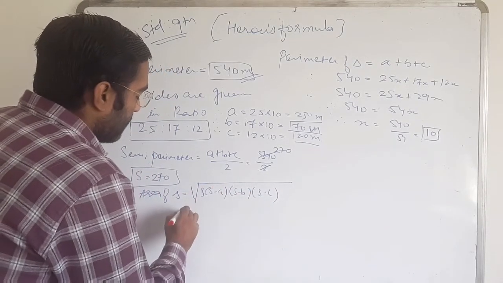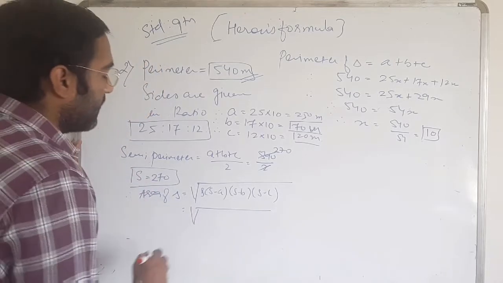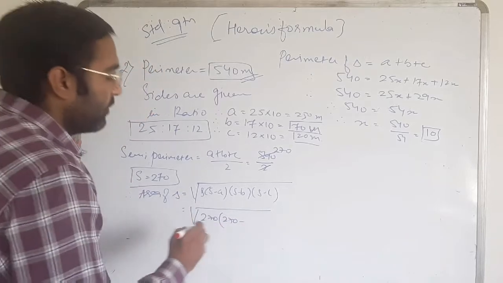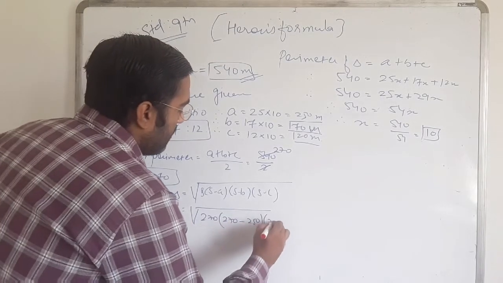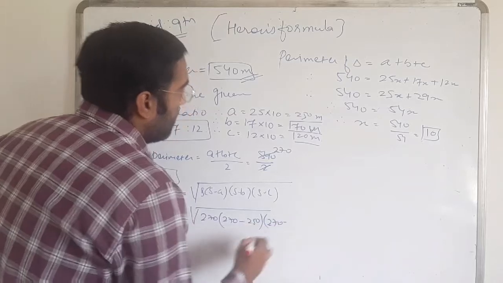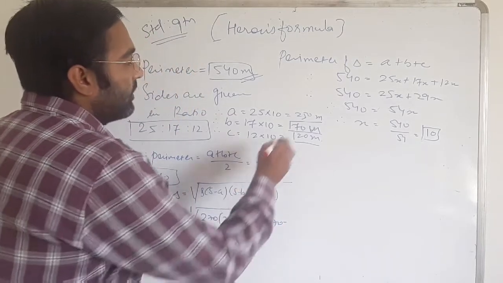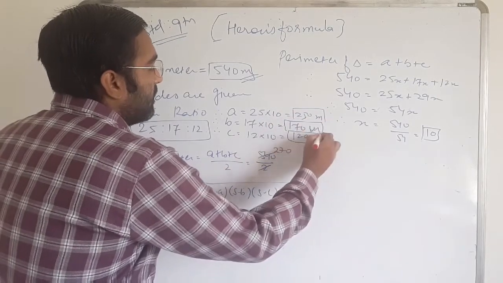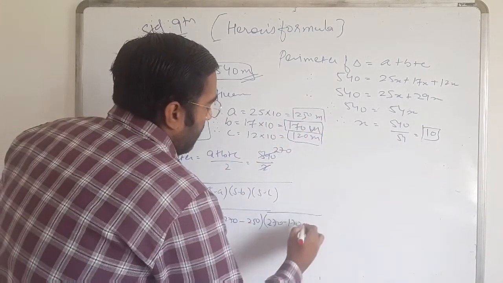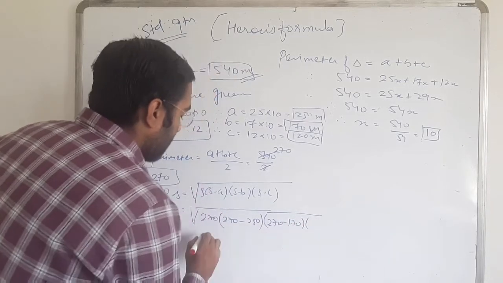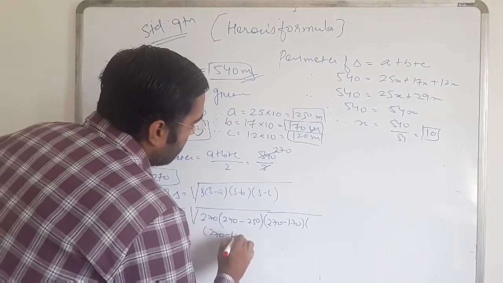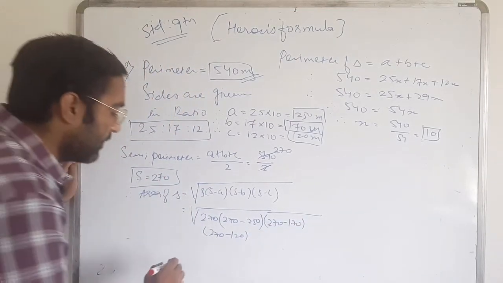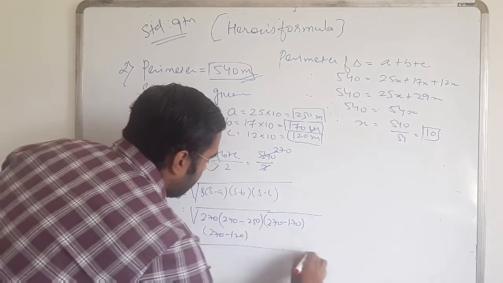So in the square root, s, that is 270, 270 minus a, that is 250, 270 minus b, that is 170, and the third one, 270 minus 120. Okay, clear.